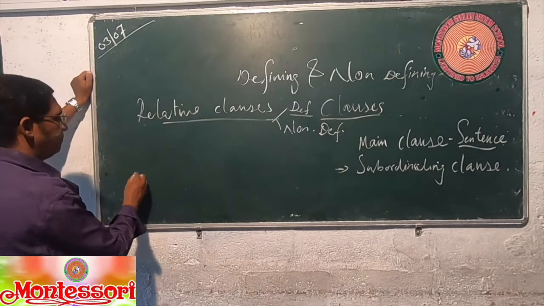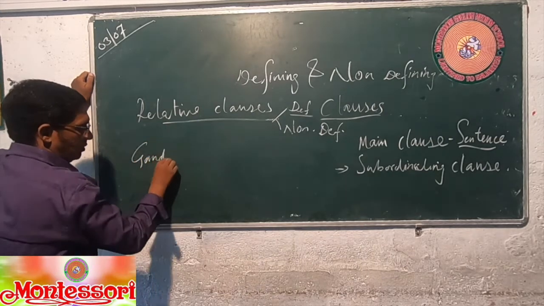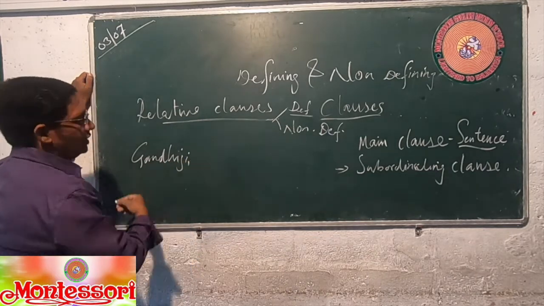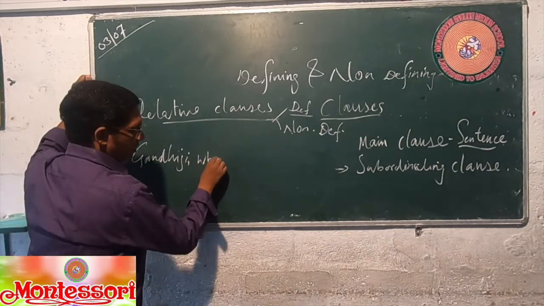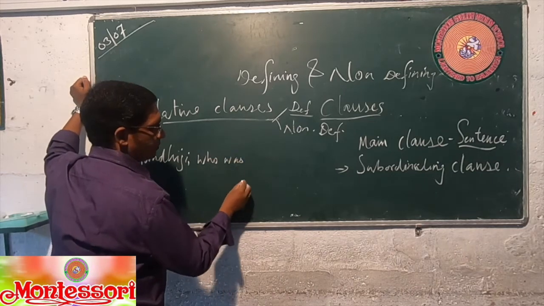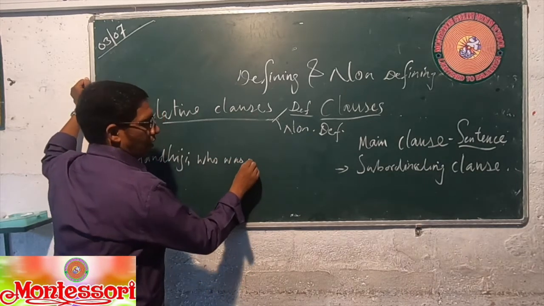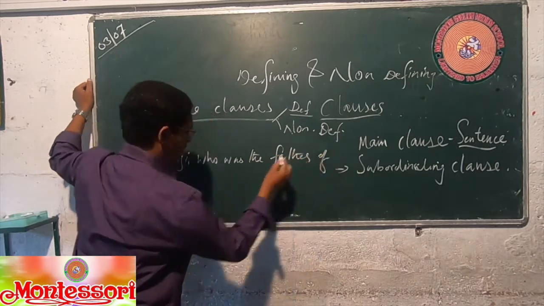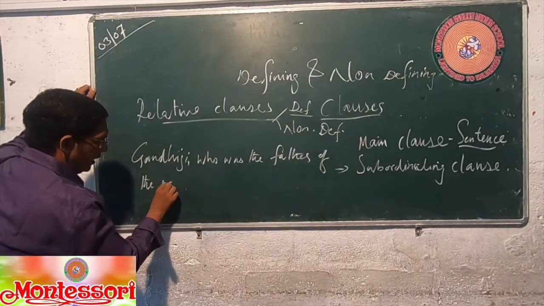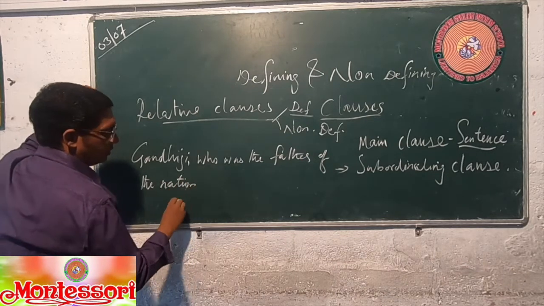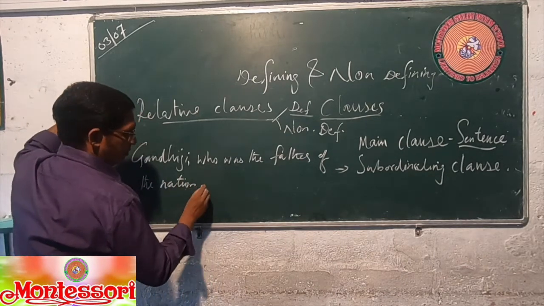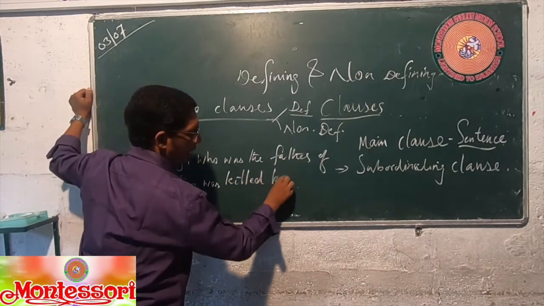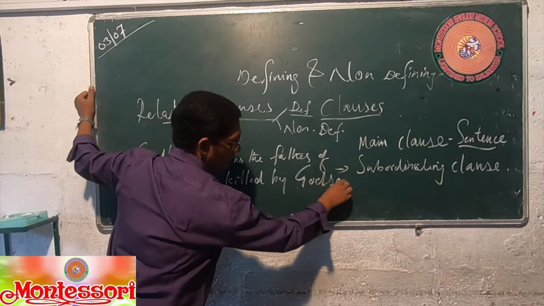For example, Gandhiji, you know Gandhiji, right? Gandhiji, who was the father of the nation, was killed by Godse.